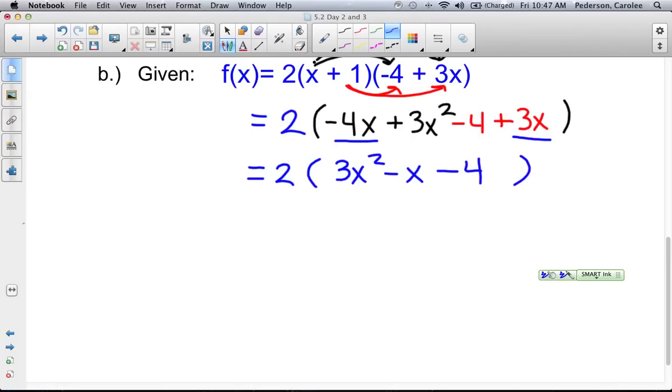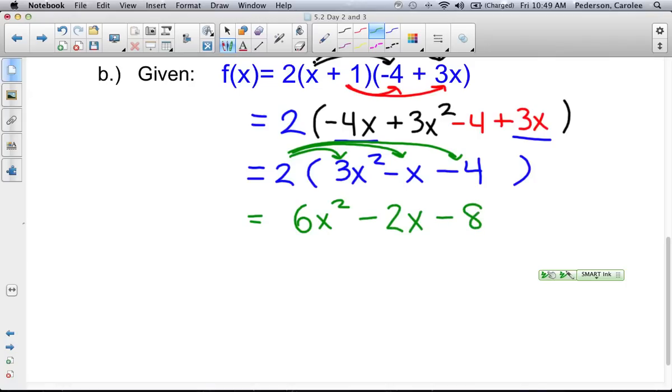Now we're going to continue the problem by multiplying the 2 to all three terms in the parentheses. So it distributes through. So 2 times 3x squared is 6x squared. 2 times negative x is negative 2x. And then 2 times negative 4 is negative 8.